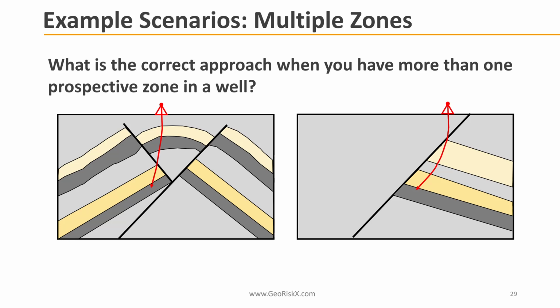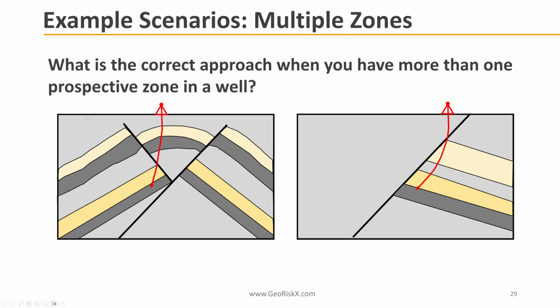One, you can risk these entirely separately. So, for example, you can come in here and say, well, this is its own independent structure. They have their own independent source rocks and they'll have their own independent migration pathways.